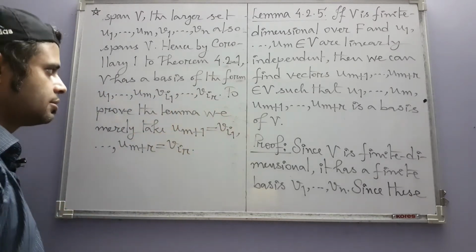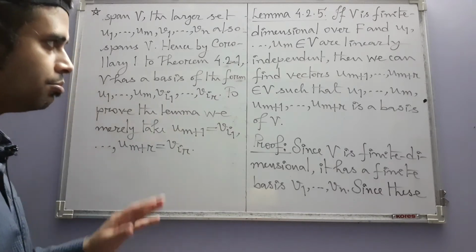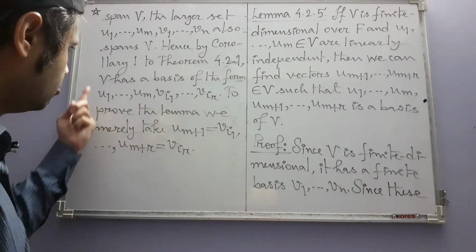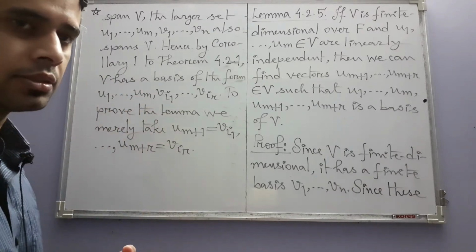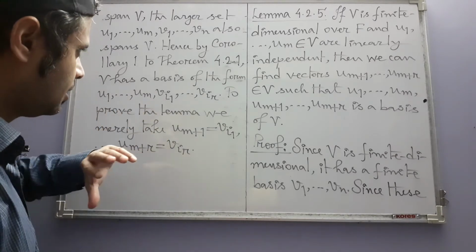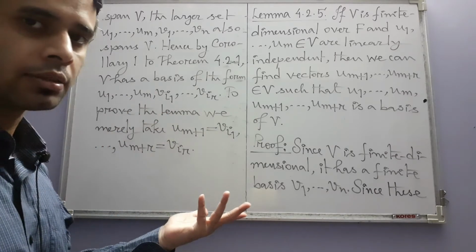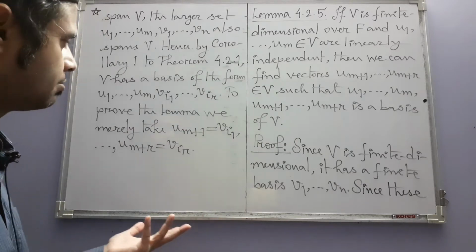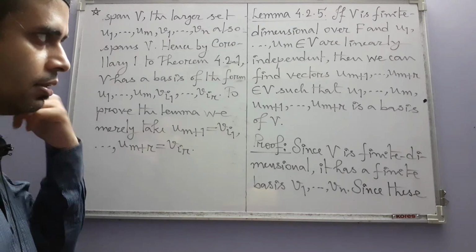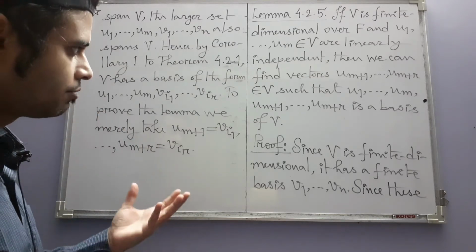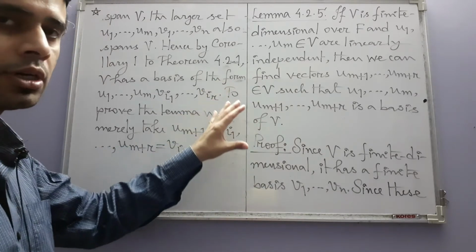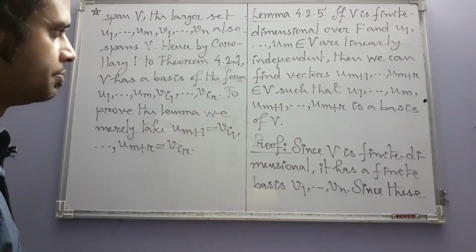Keep in mind that these extra vectors you may not need. It may happen that these u's themselves form a basis. That is, besides being linearly independent, they in fact themselves manage to span the whole space V. That may also happen. So these extra vectors may not be there, but if the need arises, we will always find finitely many extra vectors so that their introduction will give you a basis.